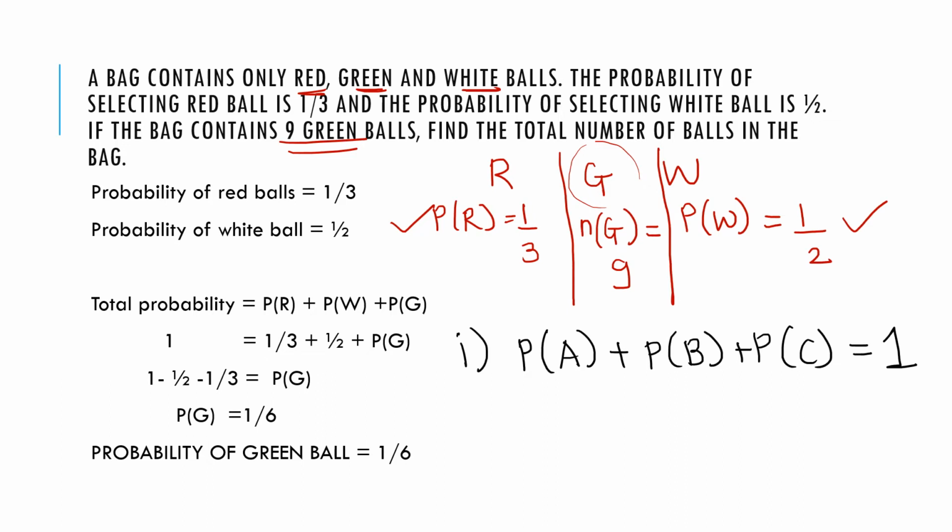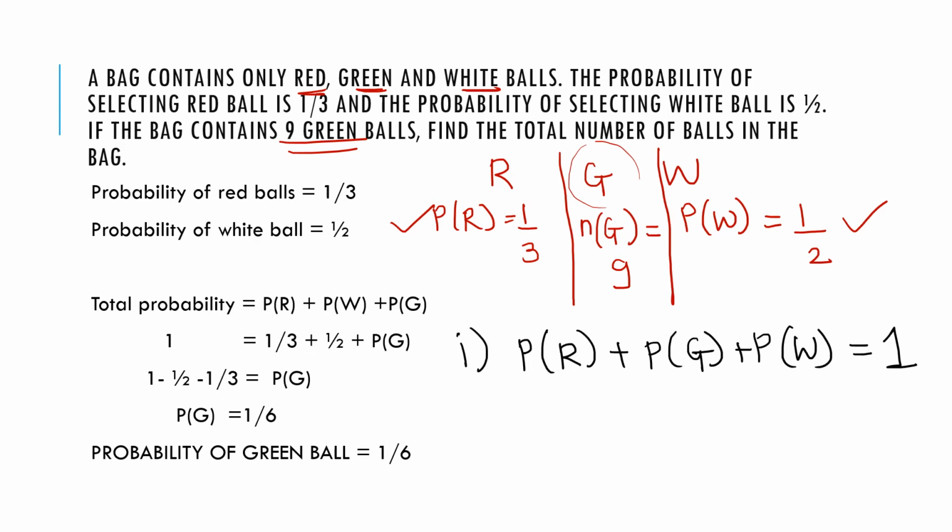Since here also we have 3 events, one is the probability of red, green ball and white ball. Addition of all of them together will be equal to 1. Why? In the bag, I have only red, green and white balls. There are only 3 events.